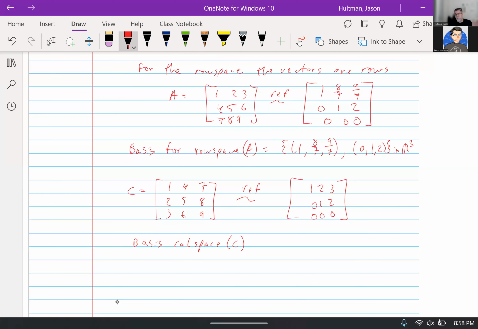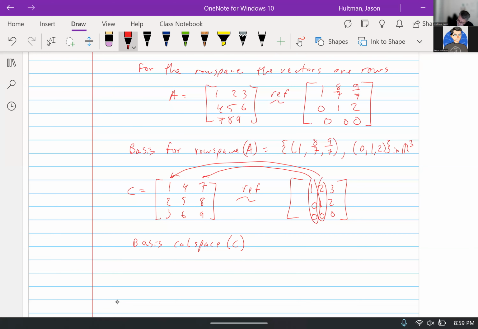The first time we were talking about rows, so we let the vectors be rows and create a matrix out of that. The second one we're talking about columns, so we're going to create a matrix out of the columns, let the vectors be columns. So the basis for the column space of C is going to correspond to my leading ones, but it goes back to the original matrix C that I created.